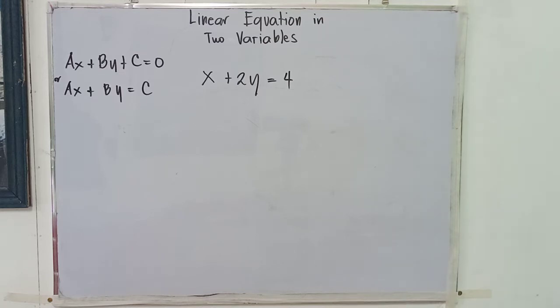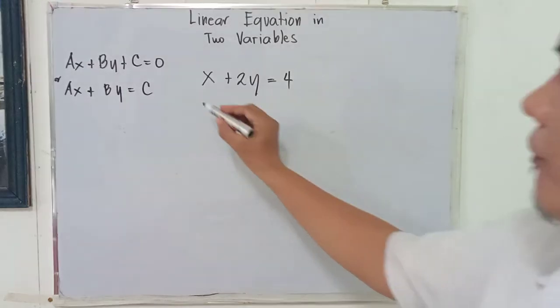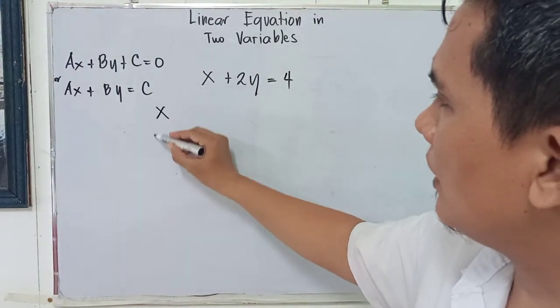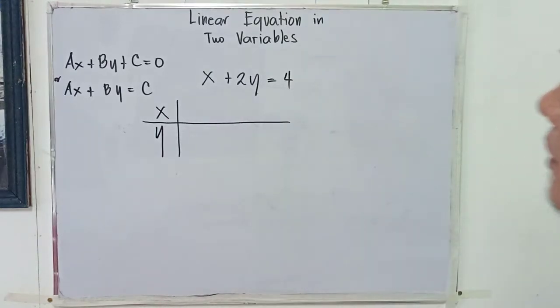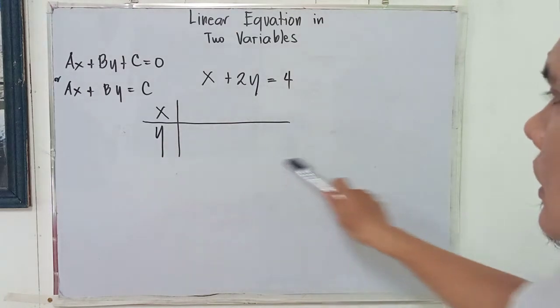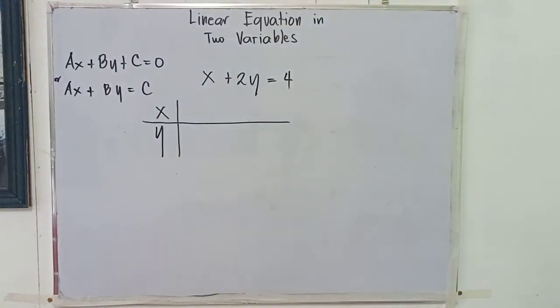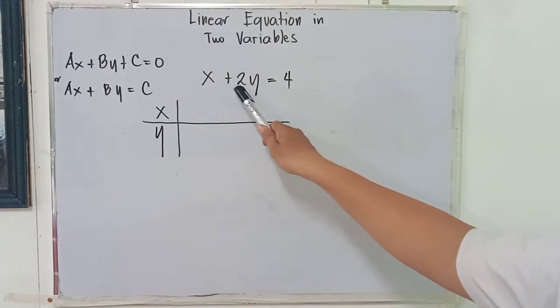In doing so, we will have to use this one, and this is called our table of values. So a table of values of our x and the value of our y. We're going to represent a value for our x in order for us to solve for our y.